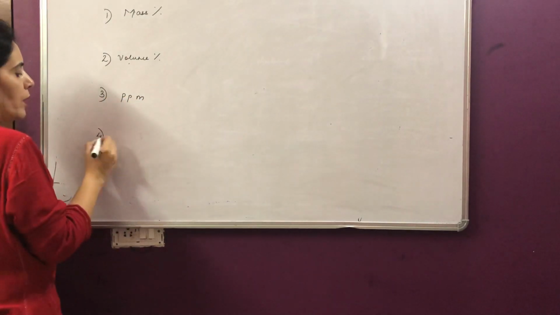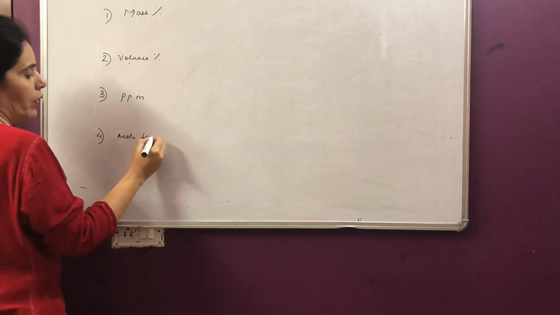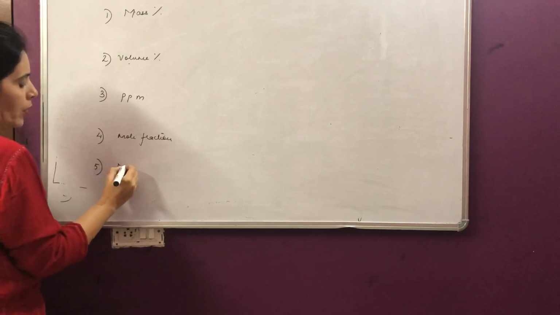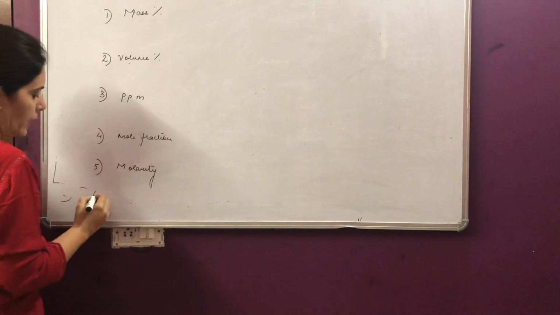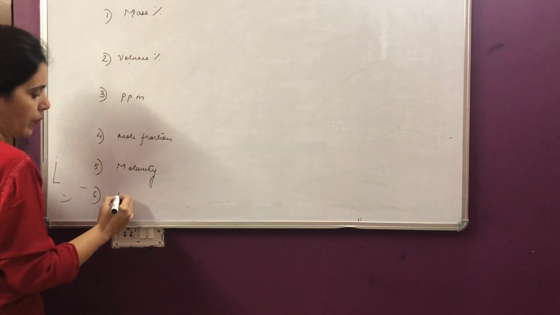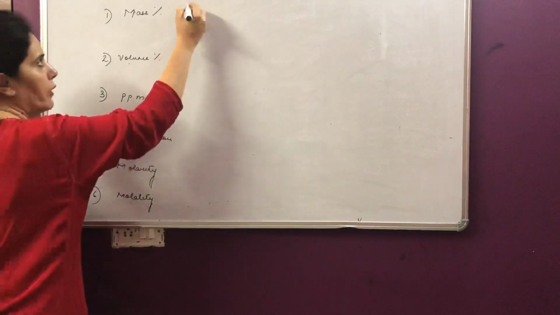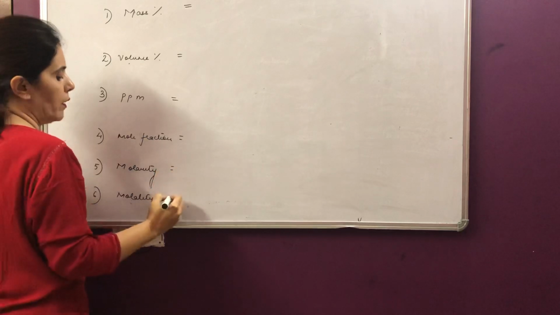The fourth was mole fraction. The fifth was molarity, and the sixth was molality. So these formulas again are very important in +2 also. So what are the formulas?